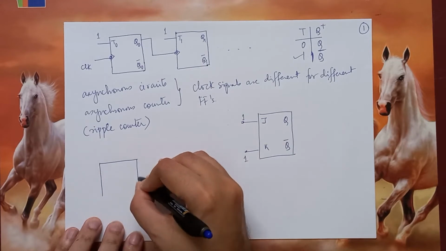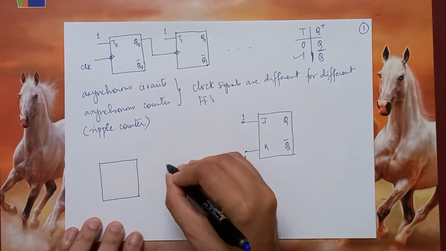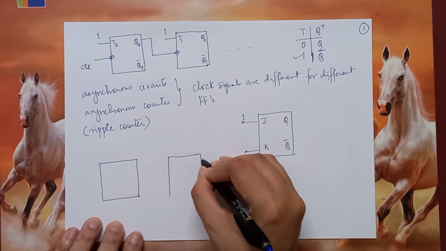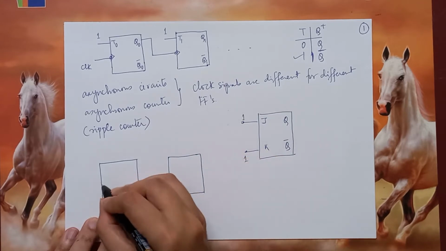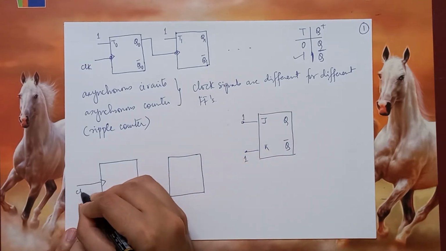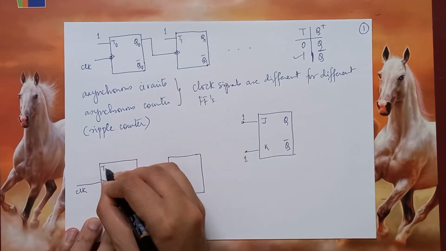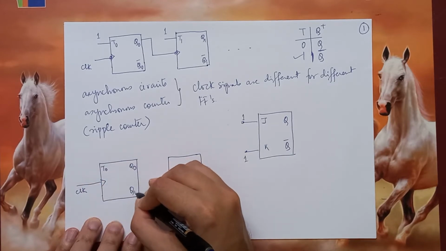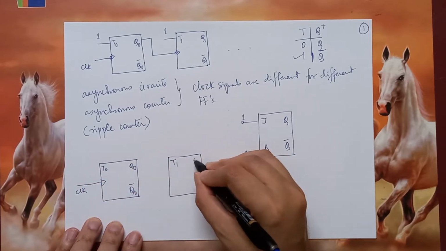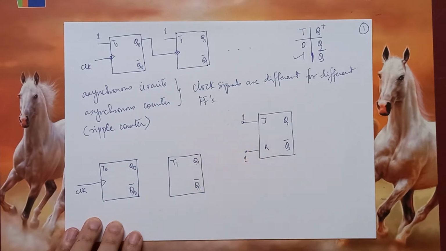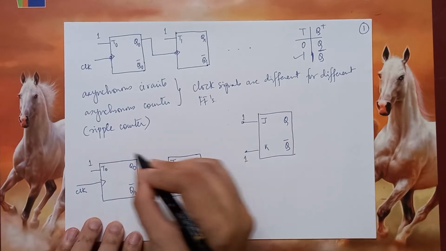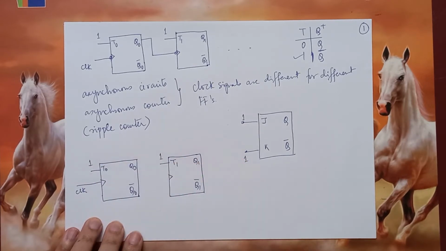So let us take the simple case of a 2-bit counter, and let us say these two flip-flops are now positive edge triggered. So let us say this is T0, Q0, Q0 bar, T1, Q1, Q1 bar. Once again, we will put T0 and T1 both as 1.